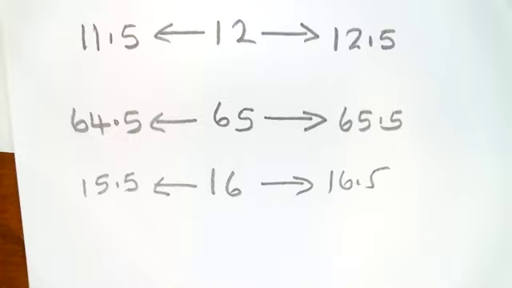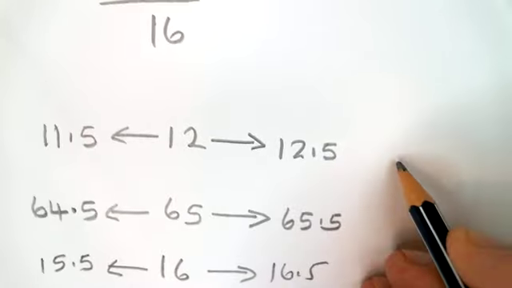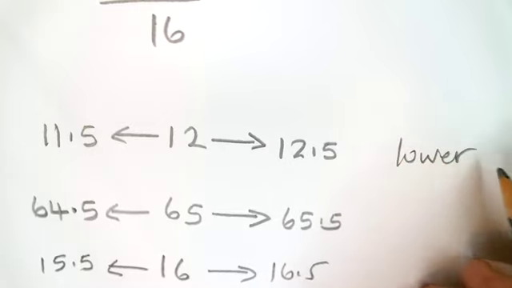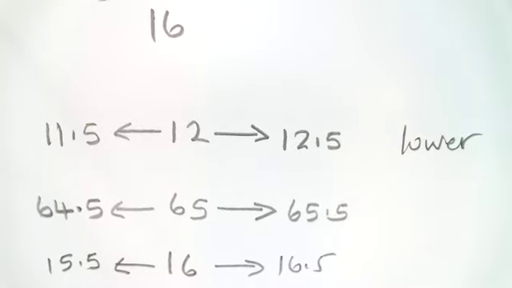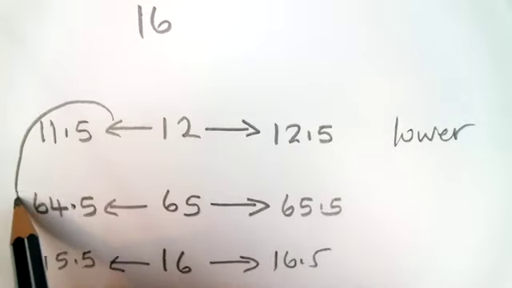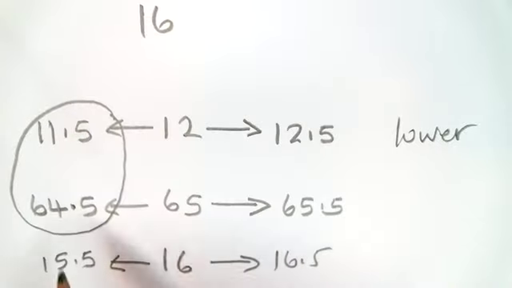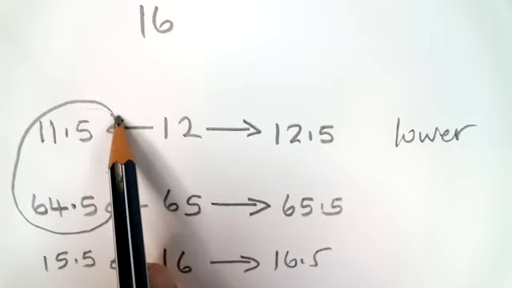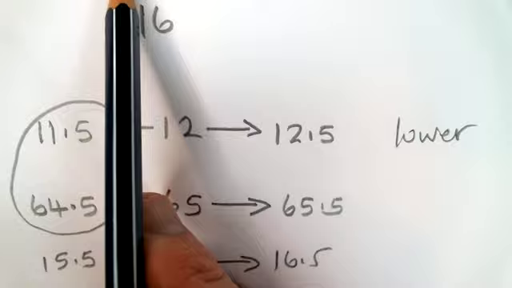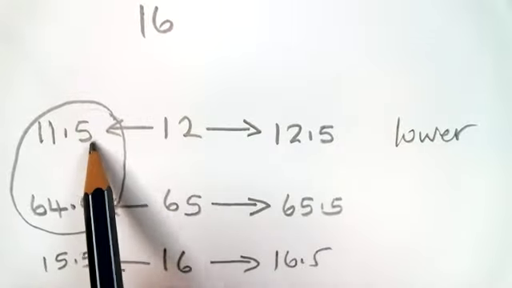The lower bound is going to have to be, what have we got here? It's going to be the lower of these two things as the denominator. We take these two things here, because these two are the denominator, the 12 and the 65. We take the lowest of that for the denominator.